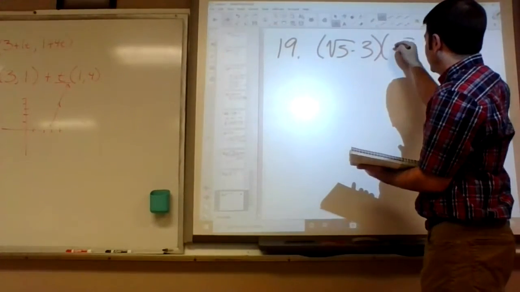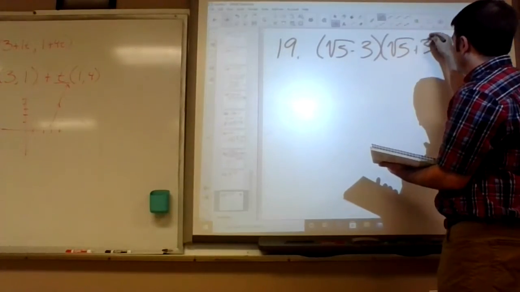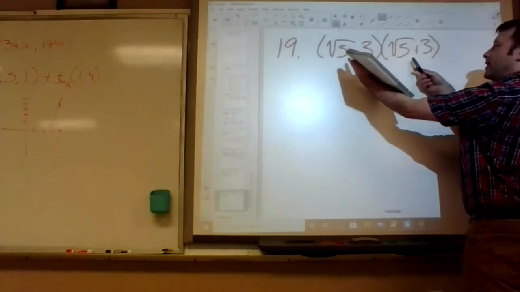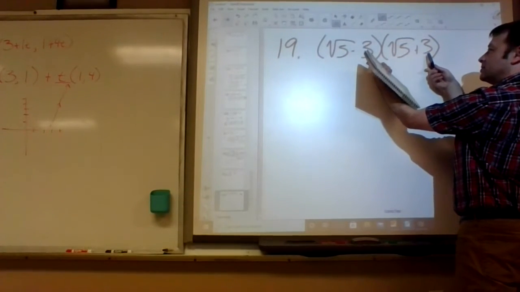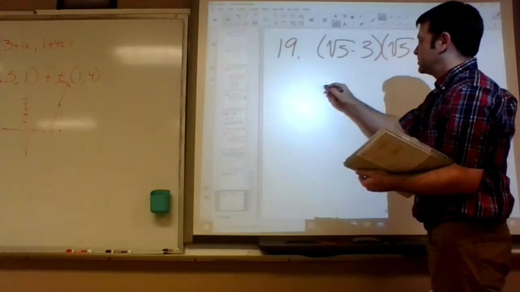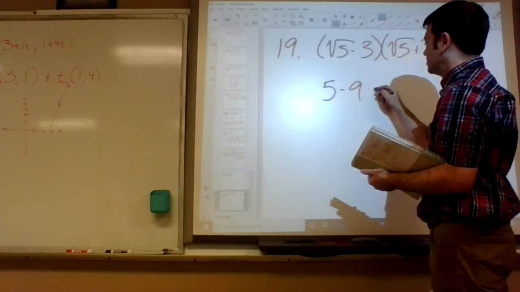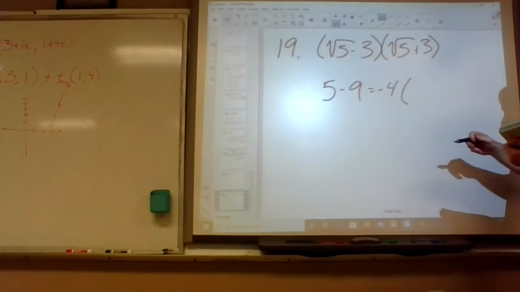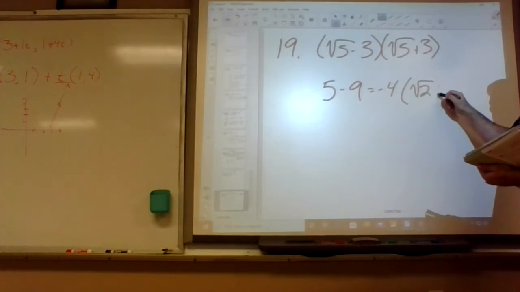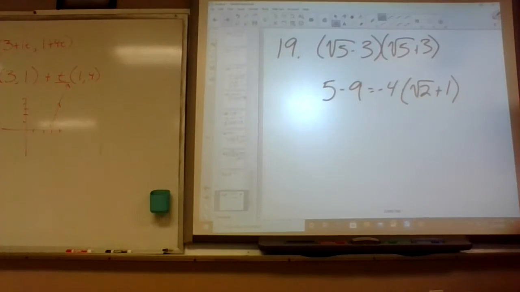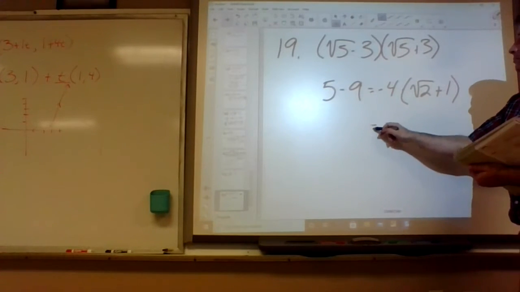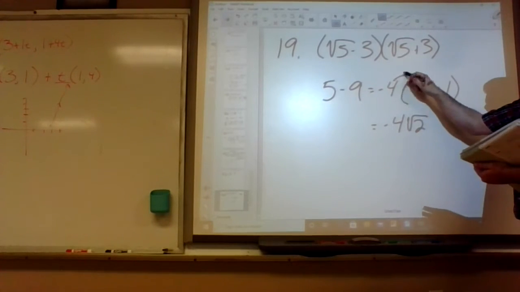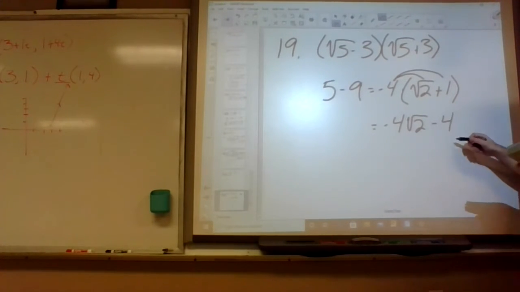No. So I can multiply those two first. What is 5 minus 9? Minus 4. Then I'll take that times the thing we haven't multiplied yet, square root of 2 plus 1. So negative 4 square root of 2 minus 4.